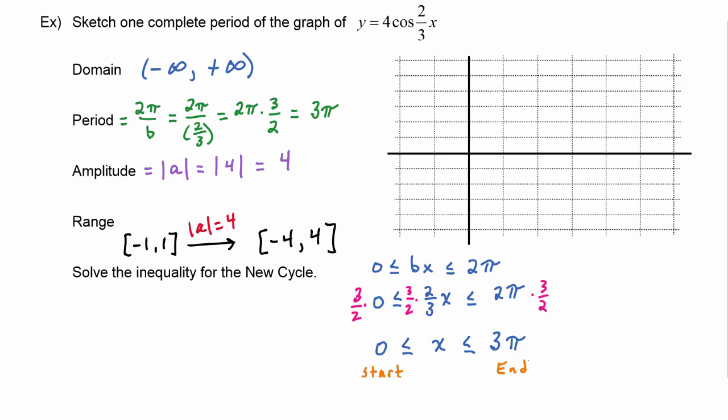Now you may think that we knew that already because the period was 3 pi, but in the very next section we do, you're going to learn about horizontal shifts of the function, and solving this inequality will help you find the starting and ending point of the graph even when you have horizontal shifts. So I'm teaching you one method that will let you graph every single graph in all of trigonometry.